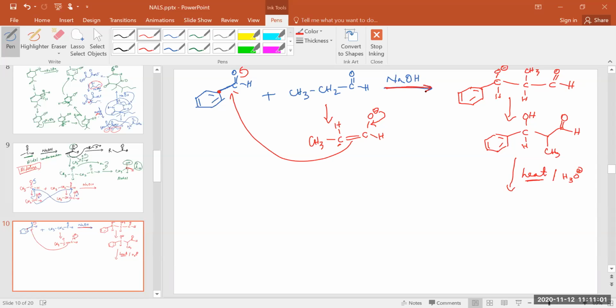I'm not doing anything. The condition is basic. What will happen? The base will abstract a proton from here as well. So what will it form? I'm writing the benzene ring as Ph in short. So OH, here you will have an aldehyde, H, CH3.